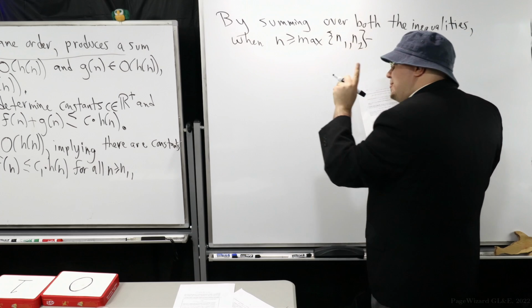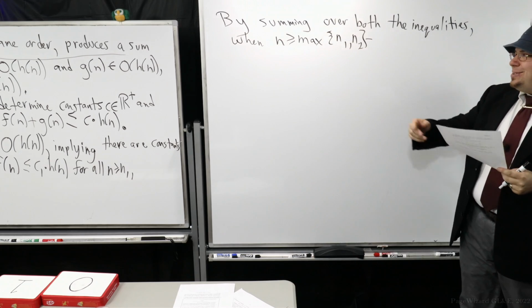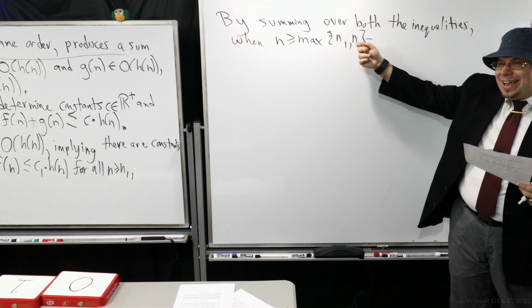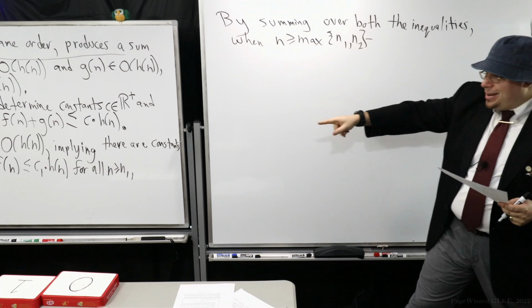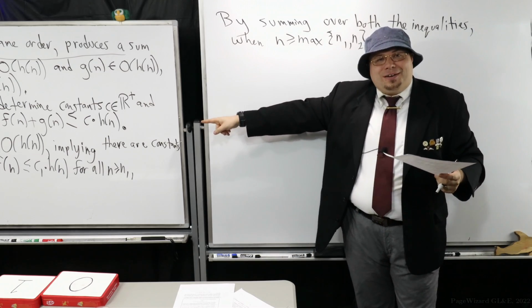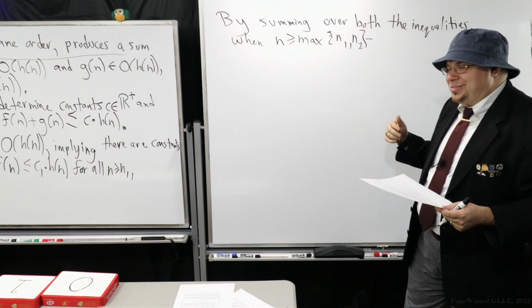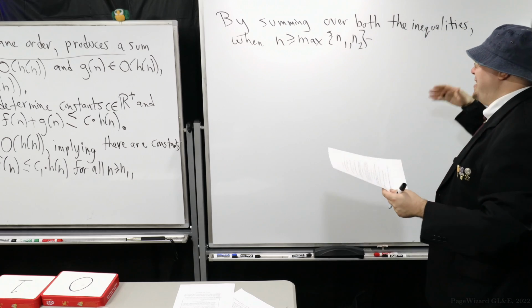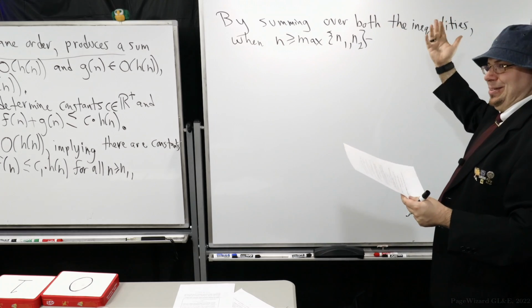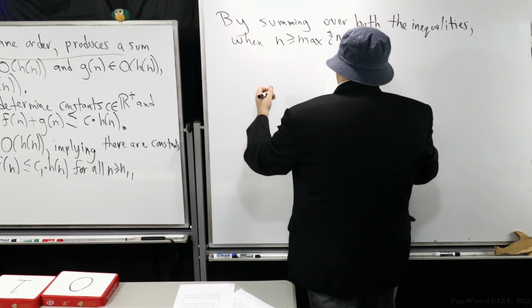So it's important that it's going to be at least n1, n2, right? Because remember, that first inequality was true for n greater or equal to n1. The other one is true for n greater or equal to n2, right? So if I make sure it's at least as big as the larger of the two, then we're okay, right?